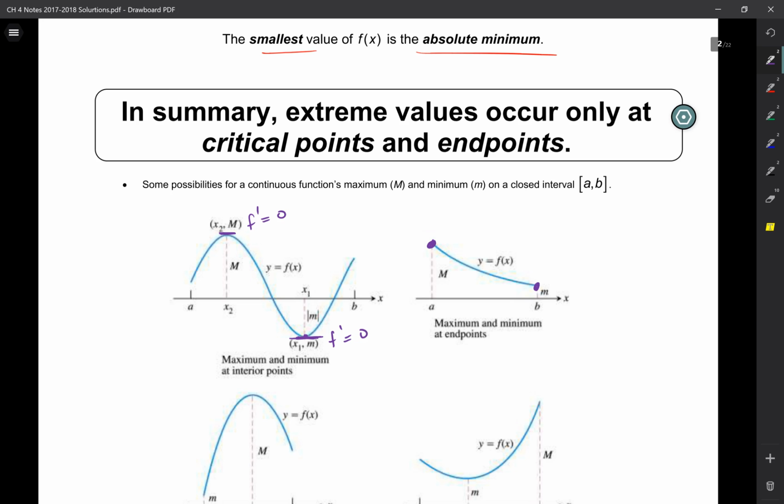Look here. Increasing switches to decreasing, horizontal tangent. Decreasing switches to increasing, horizontal tangent. That never happens here, no horizontal tangent. So the absolute minimum and maximum happen at the endpoints.